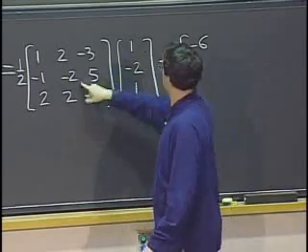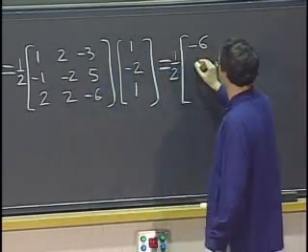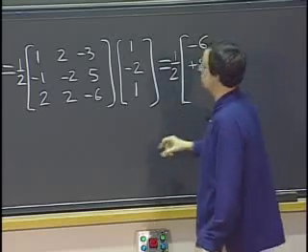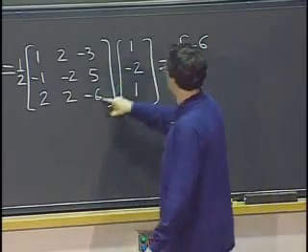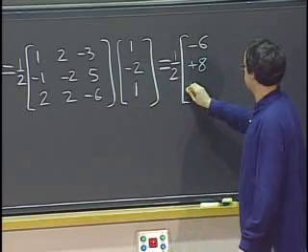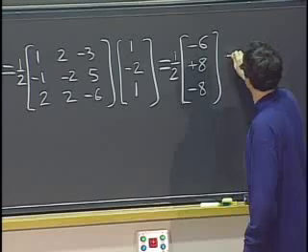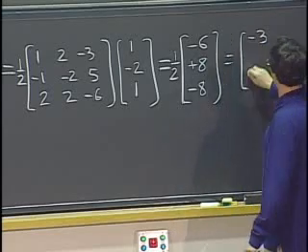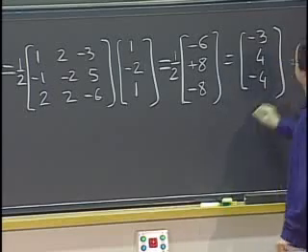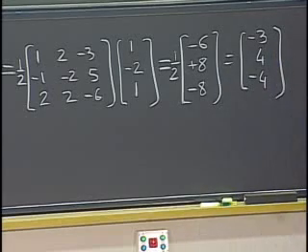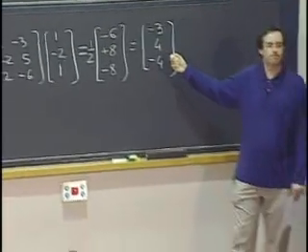Then minus 1 plus 4 plus 5 should be 8. 2 minus 4 minus 6 should be negative 8. So that will simplify to minus 3, 4, minus 4. Any questions about that?